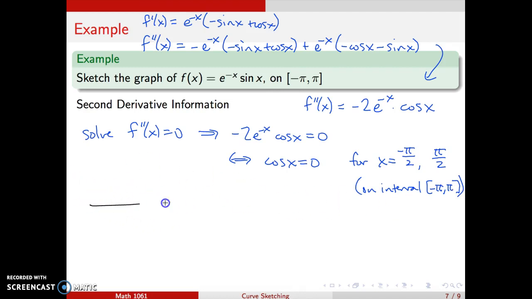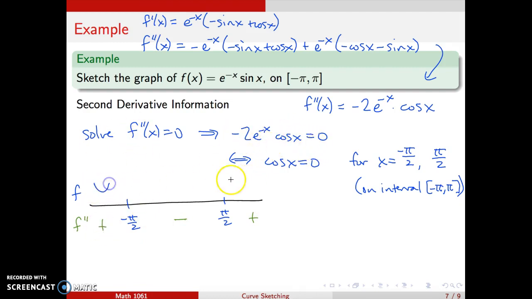Alright, so we play our game again, try to figure out these intervals where things are happening. You've got negative pi over 2, pi over 2. Between negative pi over 2 and pi over 2, something like 0, this is going to be negative. Something bigger than that, we have a negative value there. Negative makes that whole thing positive. Something less than negative pi over 2, negative, negative, positive.